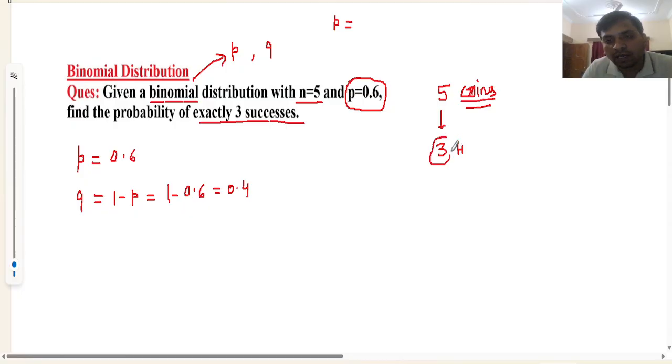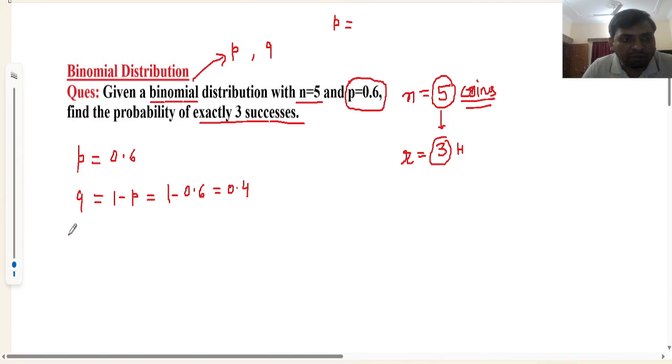These 3 are considered the number of successes, and the number of successes is denoted by R. The total number of coins is n equals 5. So our objective is to find 3 successes out of 5 coins, which means 3 heads out of 5 coins.